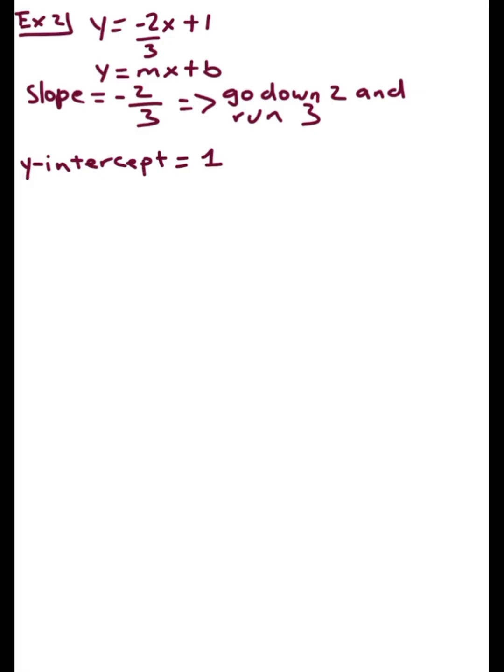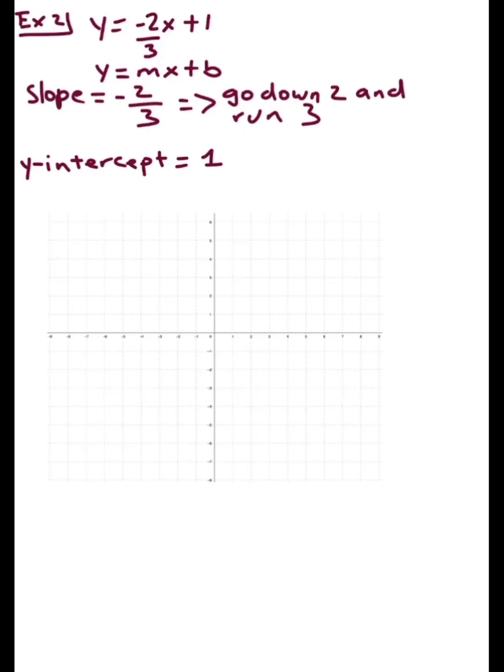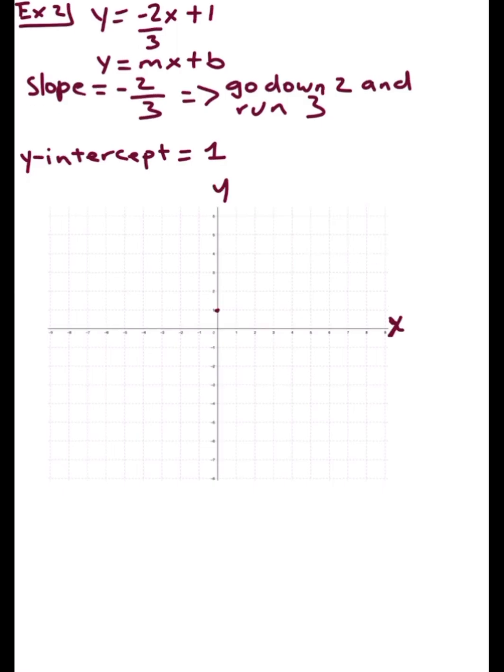Okay, so how does that look on a graph? I think that's the confusing part, so I'll show you. If we have our graph, we're going to have our y-intercept at the point 1. So on our graph, this is the x and the y-axis.